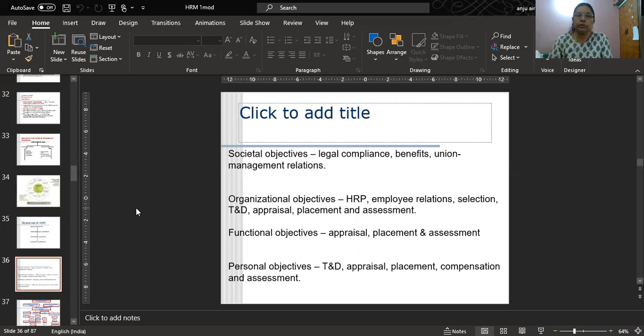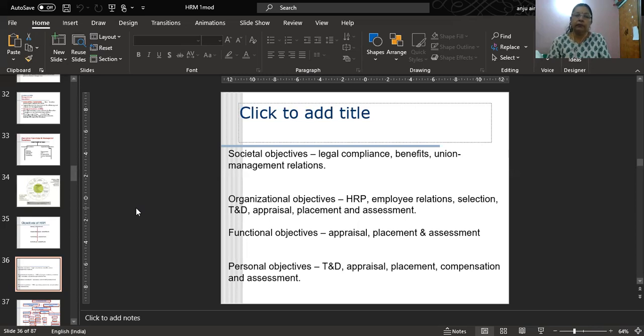So based on this, the organizational objectives is they will plan for their human resource, short term and long term, that is HRP. Then they will develop good employee relations. They will select the right employee for the right job at the right time. So recruitment and selection they will do.